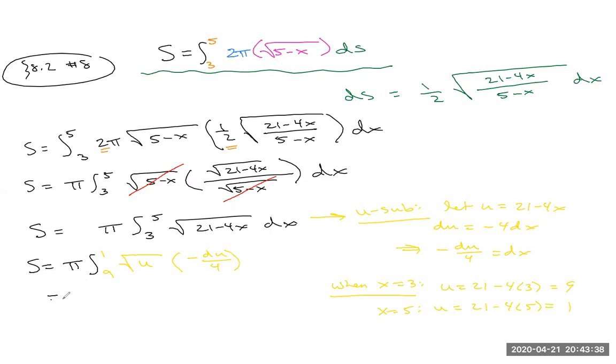Let me speed up a little bit. So negative pi over 4 on the outside, 9, 1. We have u to the 1/2, and then du. And then you can actually switch the bounds by negating your whole integral. So pi over 4, 1 to 9. If you forgot, it doesn't matter. When you integrate, it'll still work out anyway.